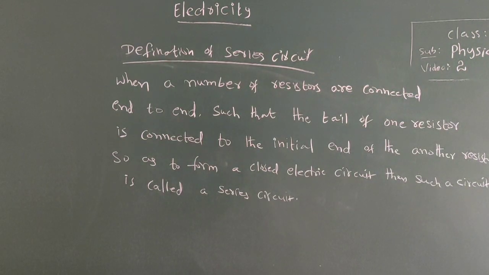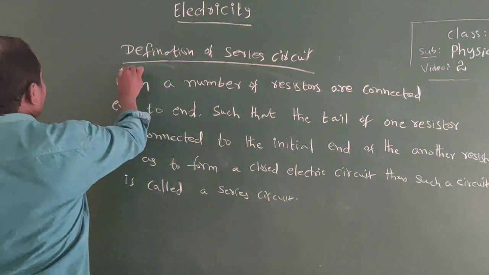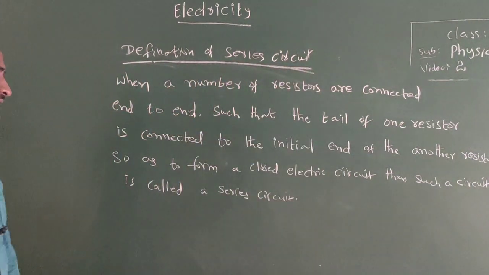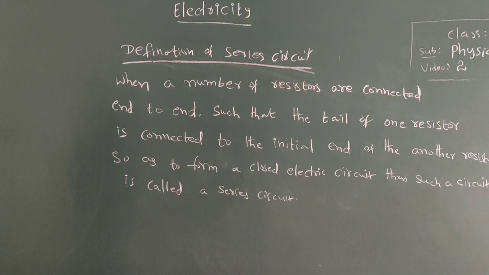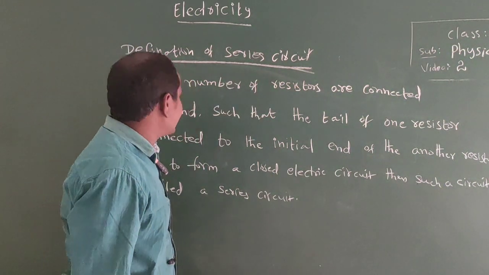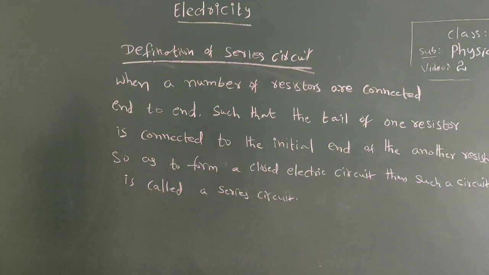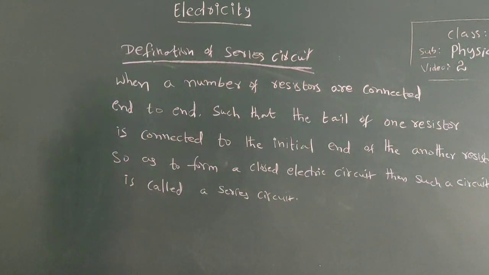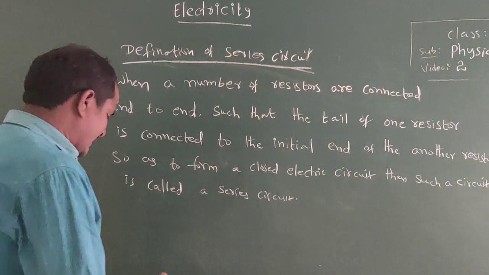Now, the definition of a series circuit. In series, the resistors are connected in series. When a number of resistors are connected end to end, such that the tail of one resistor is connected to the initial end of another resistor, so as to form a closed electric circuit, then such a circuit is called a series circuit. I will show the diagram.